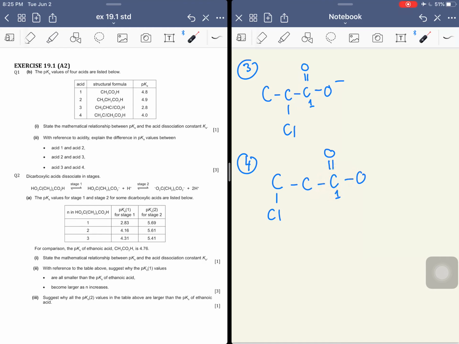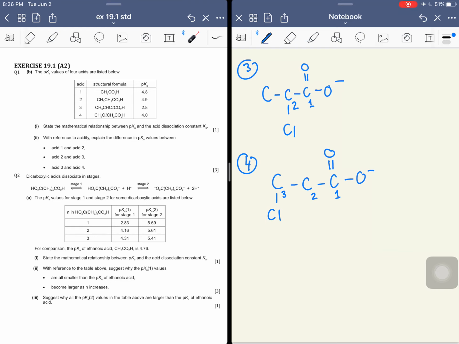Okay, so what's the difference between 3 and 4? They both have the same number of chlorine atoms. The only difference is the distance. Okay, in anion 3, the chlorine is sitting on the 2nd carbon. In anion 4, the chlorine is sitting on the 3rd carbon. Okay, so this is the distance factor. The further away the chlorine is from your COO minus, the weaker the effect of removing electron density.